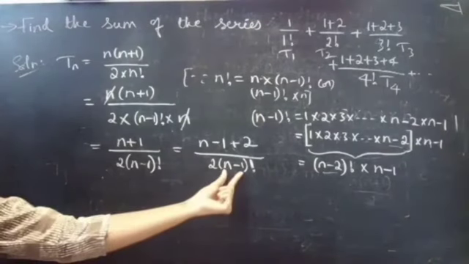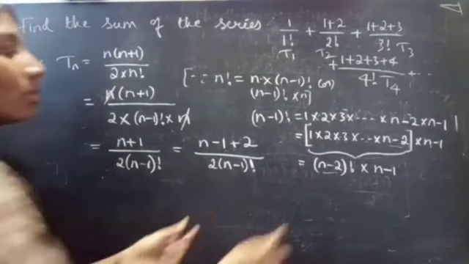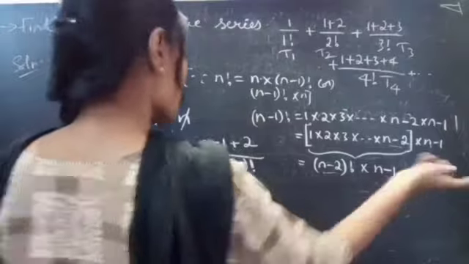So here you can replace n minus 1 factorial by (n minus 2) factorial into (n minus 1).